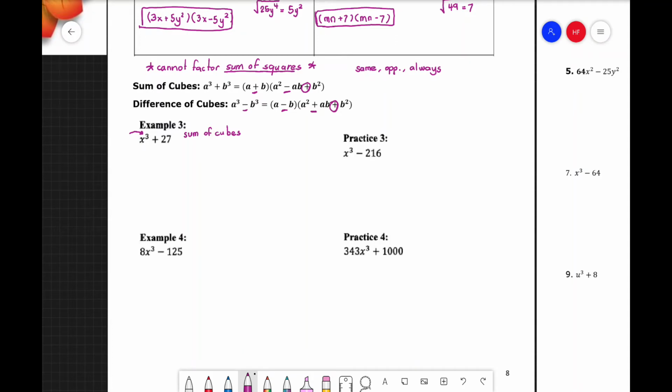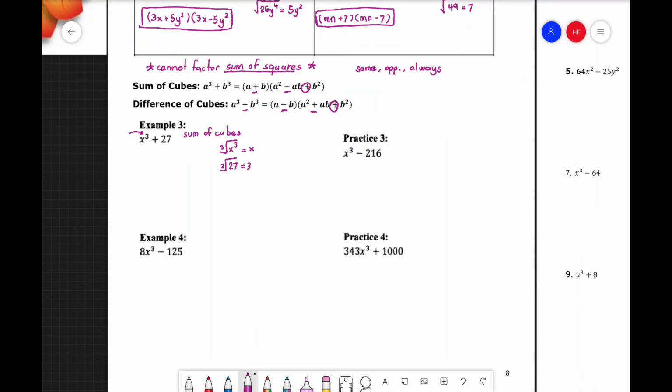So I'm going to take the cube root of x cubed, which, just like a square root on a square, is going to cancel it out, and I get x. And then I'm going to take the cube root of 27, and I get 3. If you don't know what those are, that's okay. You can find the cube root with any calculator.